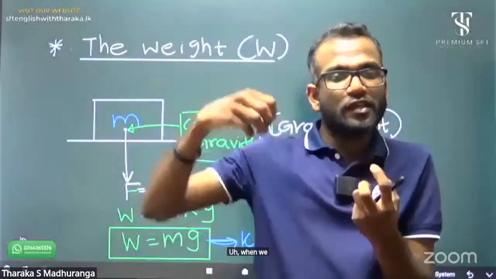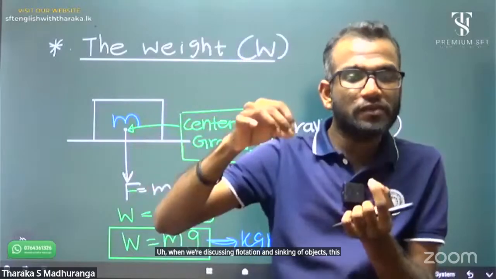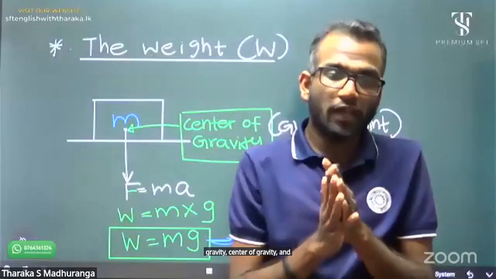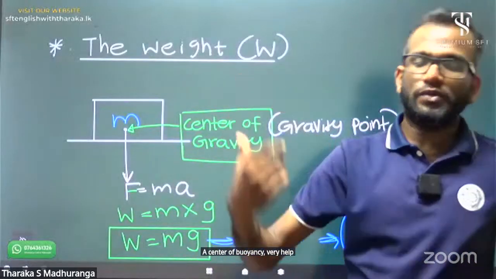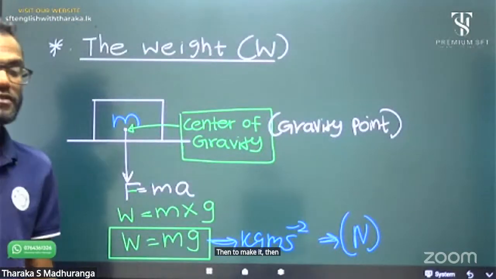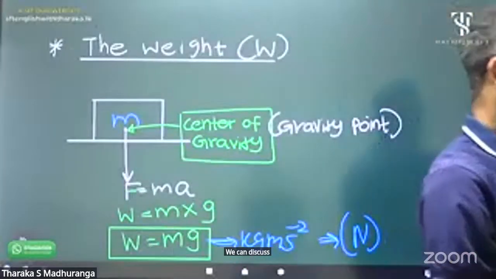When we discuss flotation and sinking of objects, the center of gravity and center of buoyancy are very important. Therefore, in future lessons in fluid mechanics, we can discuss the center of buoyancy.